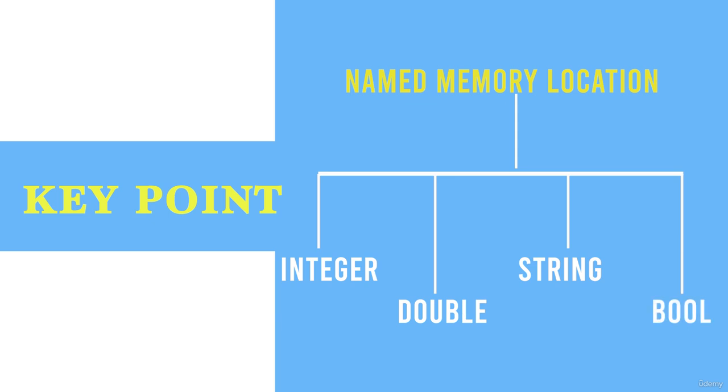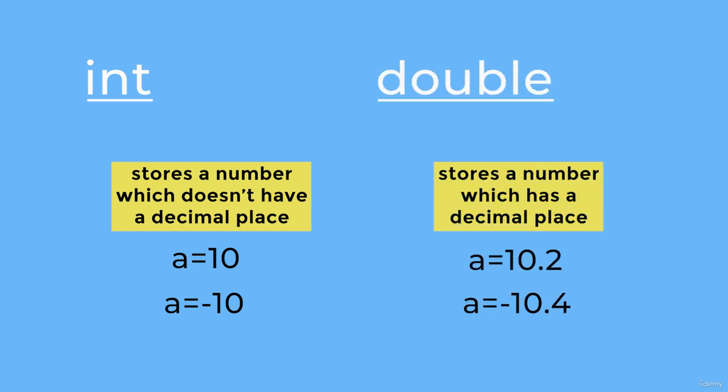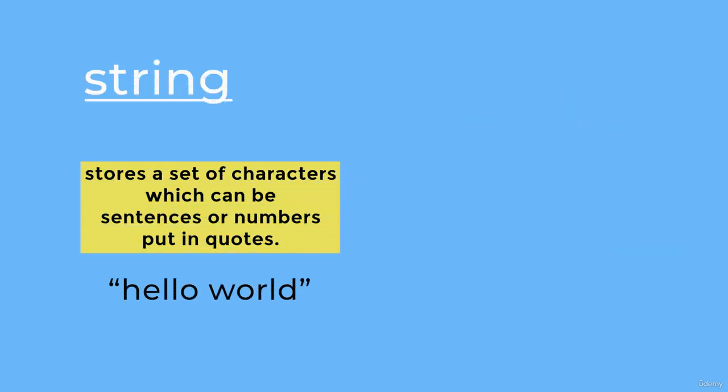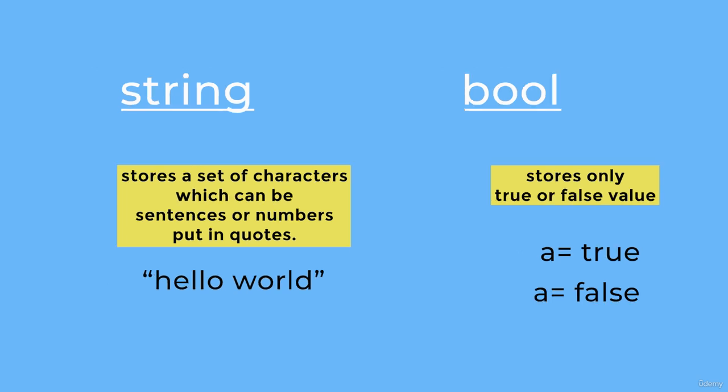The first one, called integer, stores a number which does not have a decimal place, while double stores only a decimal number. String stores a set of characters which can be sentences or numbers put in quotes. And lastly, there's bool, which stores only true or false value.